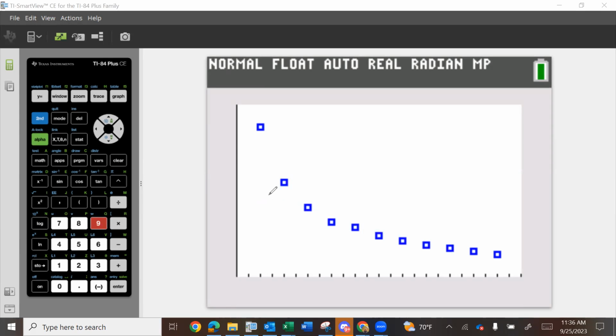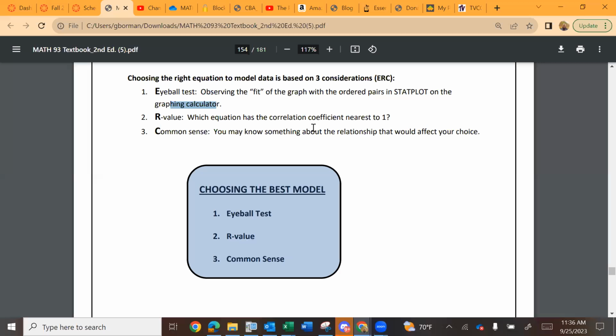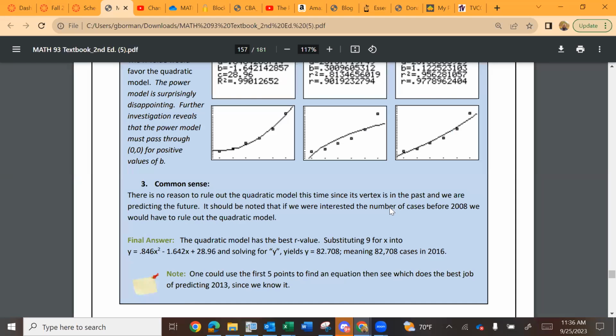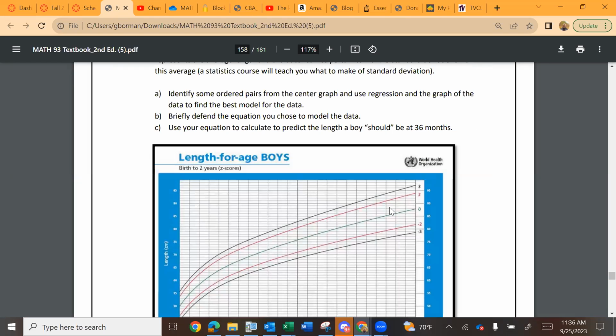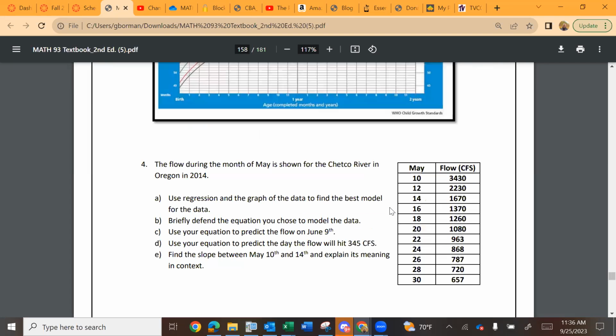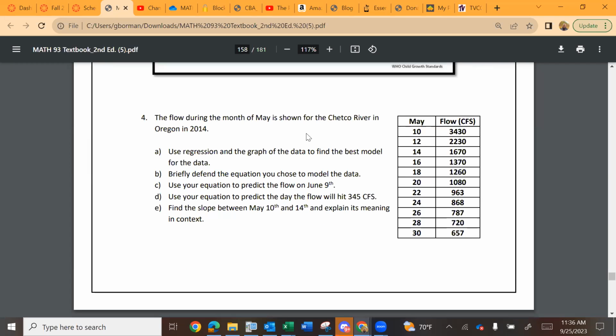What about, I already mentioned quadratic, but let's think about it. What do we got here in this problem? I got to go find it again. So, well, it represents, okay, X is day of the month. Okay. And the flow is going to be the Y value. All right.